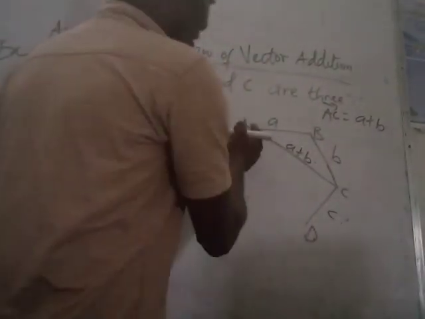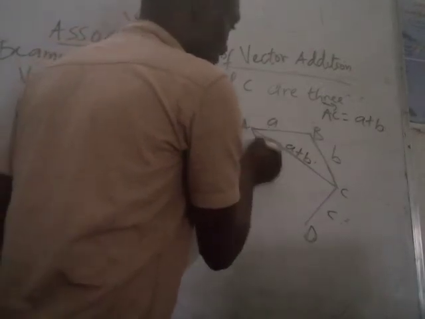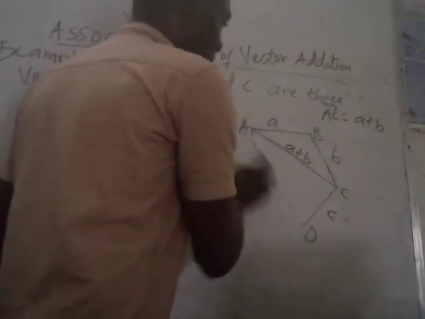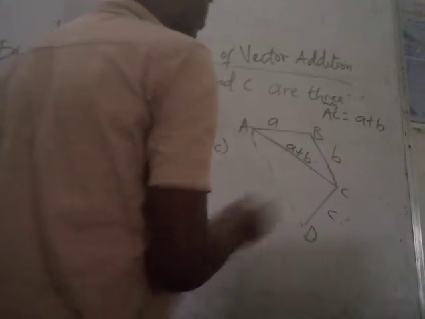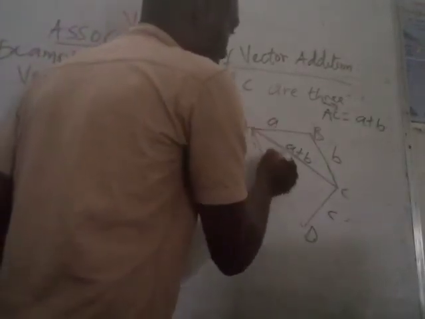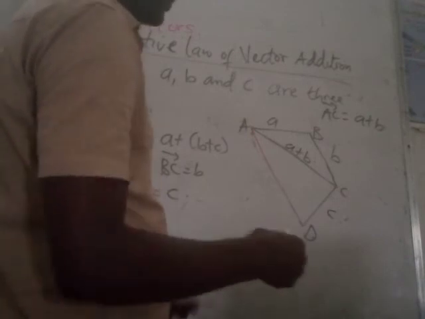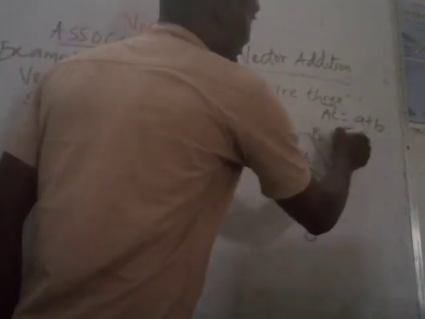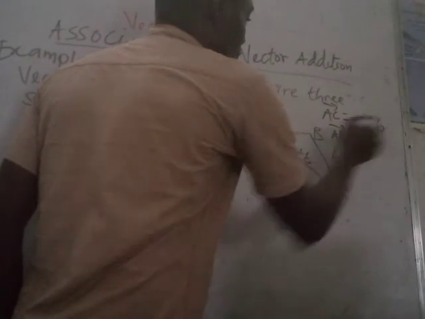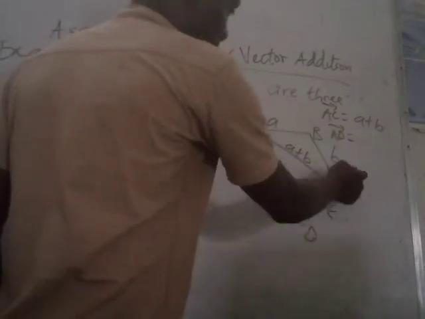Now the resultant AD is going to be AC plus CD.